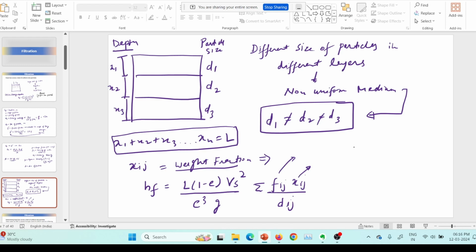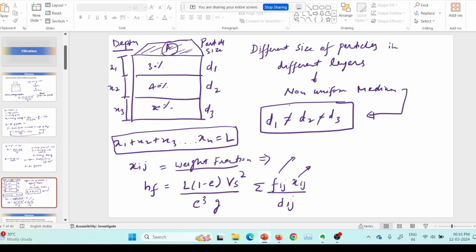Suppose I take it as 30%, 40%, 20%. The area will be the same from the top, constant for all three layers.